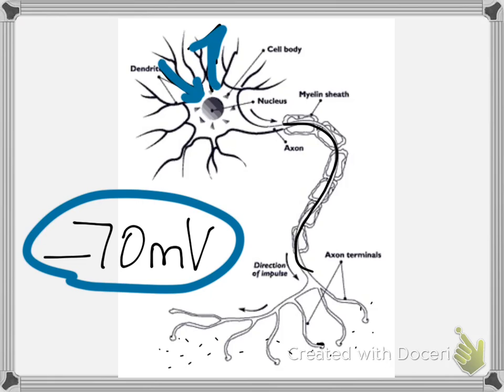So this process is for excitatory neurotransmitters and not inhibitory neurotransmitters. But it's still important to know that if a neuron is going to fire an action potential, then it has to have that threshold of excitatory neurotransmitters in the synapse in order for it to work.